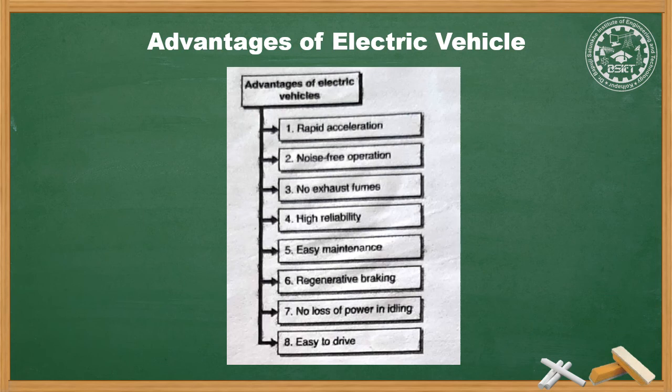High reliability due to the absence of numerous engine parts such as piston, connecting rod, cam, valve, clutch, flywheel, distributor, spark plug, etc. Easy maintenance due to a very small number of moving parts. With an electric motor, the maintenance is much easier.